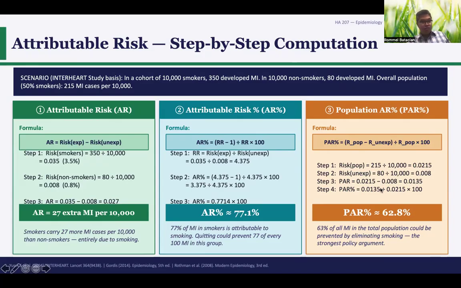And then you divide it by the risk of the overall population, 0.0215. And then you will get the answer of 62.8%. So that means if smoking would be eliminated from this population, about 63% of all myocardial infarction cases in the population could have been prevented. Again, this is a very compelling case that would make you consider smoking cessation programs.